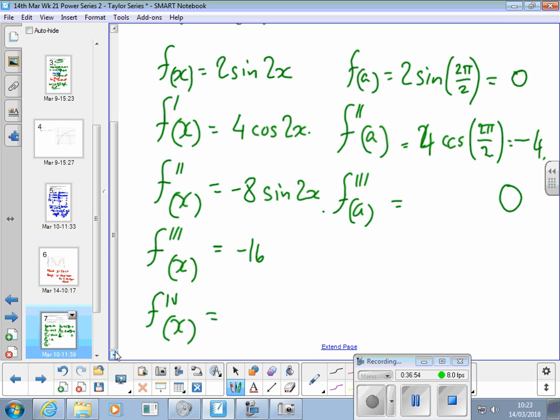Minus 16 cos 2x. Fourth derivative, value of a is equal to plus 16. Is there a pattern yet?